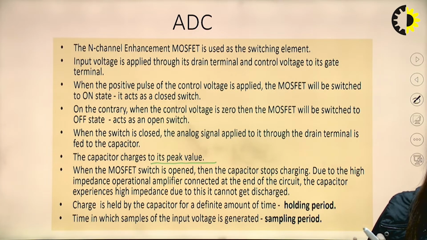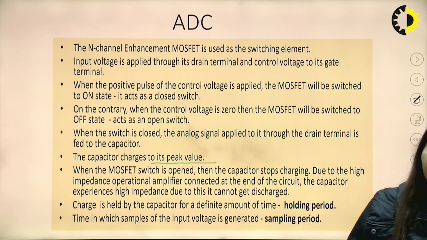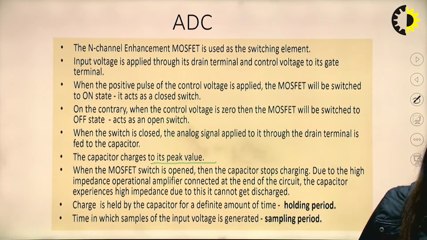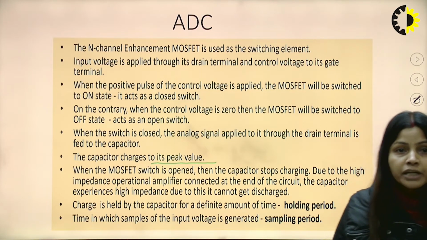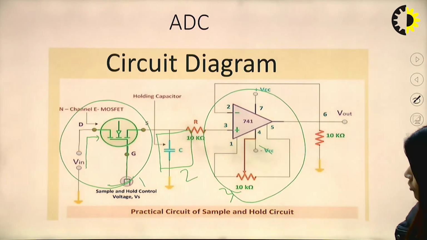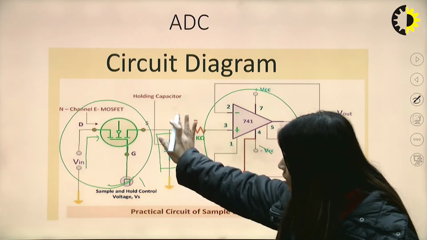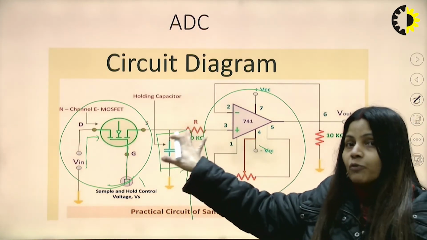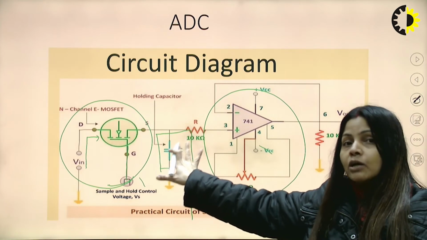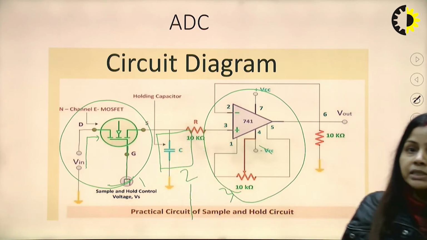Due to the high impedance operational amplifier connected at the end of the circuit, the capacitor sees a high impedance. Due to this, it cannot get discharged. So the charge is held by the capacitor for a definite amount of time, depending on the holding time of the capacitor.